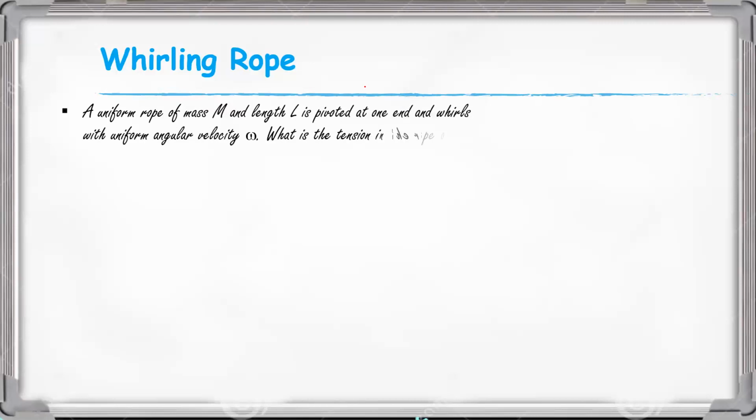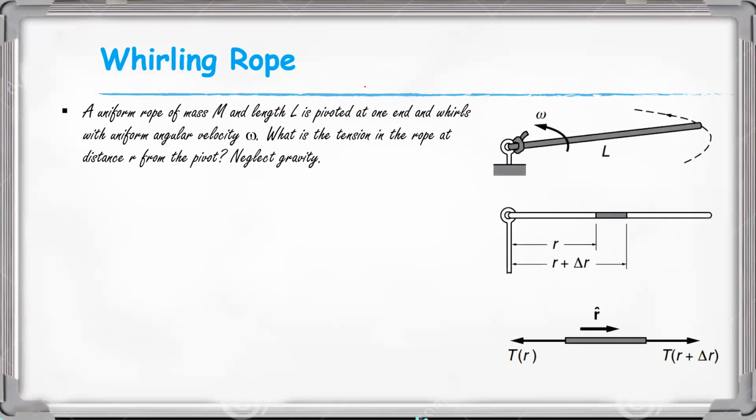A uniform rope of mass m and length L is pivoted at one end and it whirls with a uniform angular velocity omega. What is the tension in the rope at a distance r from the pivot? Here we consider a rope that has a length L. The length is taken from this point to here.